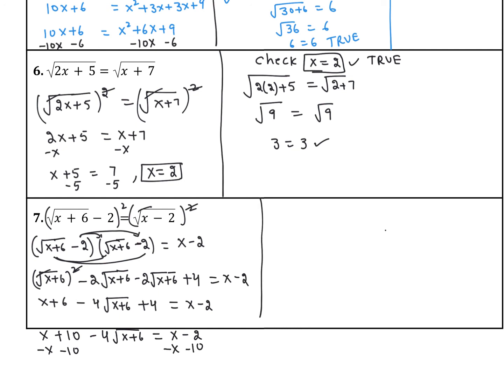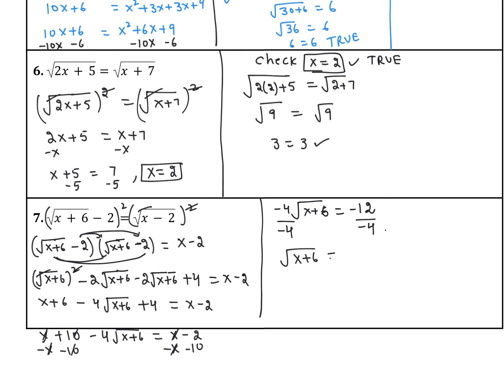So what you got here is, x cancels, negative 10 and 10 cancel, negative 4 square root x plus 6 equals, x and x cancel, equals negative 12, and then you're going to divide by negative 4.